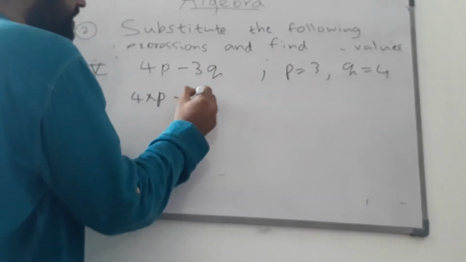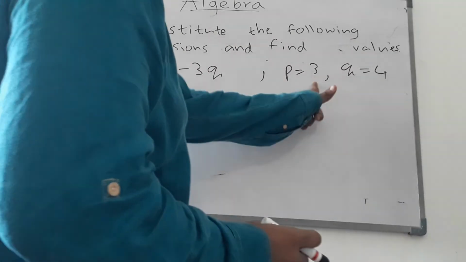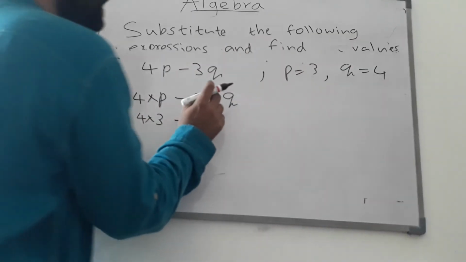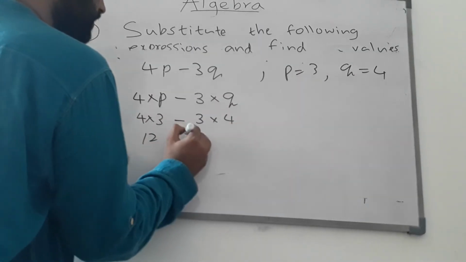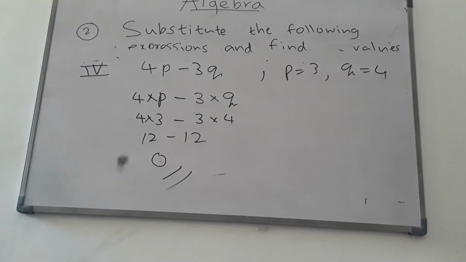Minus 3q means 3 times q. Now we can substitute values. 4 times p, p is 3, means 4 times 3. 3q means 3 times 4 because q is 4. 4 times 3 is 12. 3 times 4 is also 12. 12 minus 12 means 0. Answer is 0.